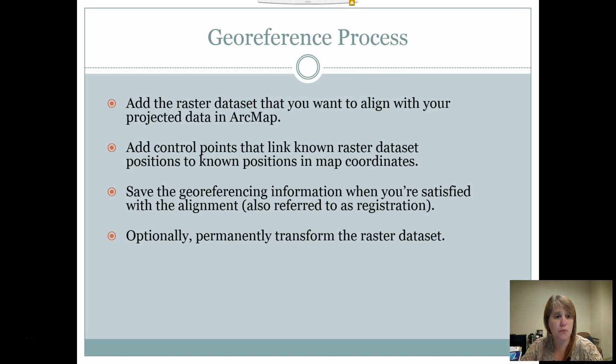And when you're satisfied with your alignment, you can save that georeferencing information so that it adds a projection file to your data set, so that that will carry with it in perpetuity until you do something to delete it, which you probably wouldn't, but that would be there.